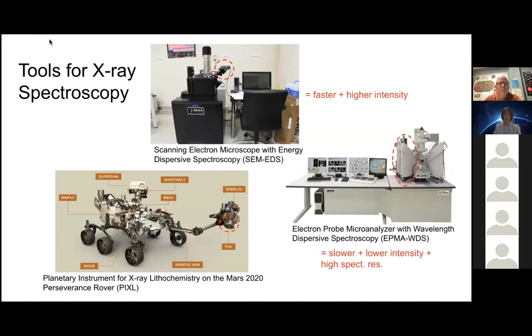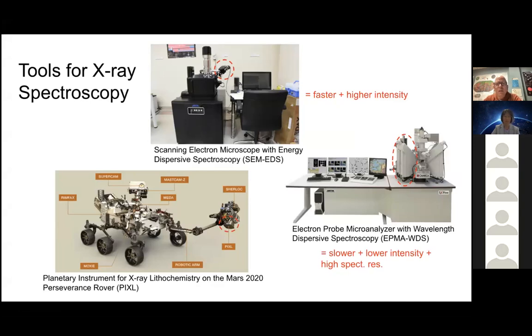Some of the instruments that we use to produce this X-ray signal, as I said, are electron beam instruments, one of which is a scanning electron microscope. And this is the microscope here. This is the electron column, and this is what physically creates the electron beam that then interacts with the specimen in the chamber in here.